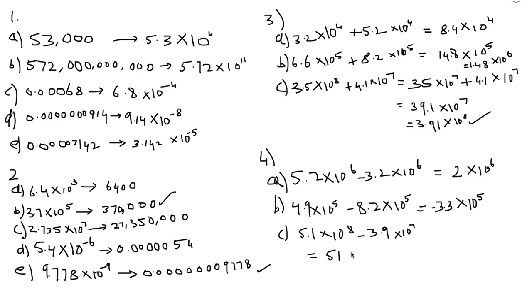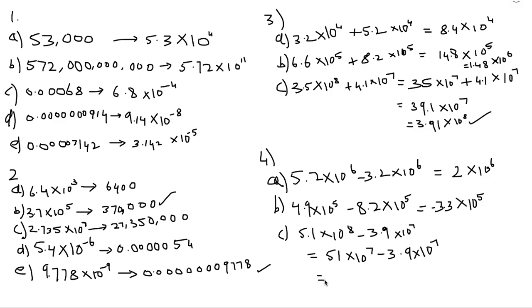Rewriting 5.1 times 10 to the power 8 as 51 times 10 to the power 7, because the decimal moved right by one, the power will go down by one, minus 3.9 times 10 to the power 7.